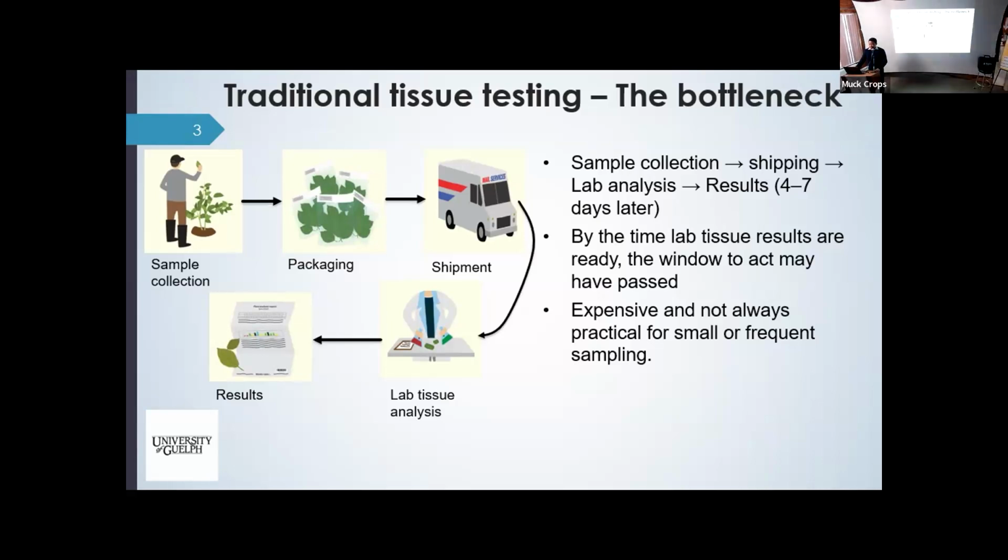And not only that, if you're a grower or a crop advisor that samples frequently, having a lot of tissue testing during the growing season may not be cost efficient for you. So this is also where the device I'm going to talk about comes into play.